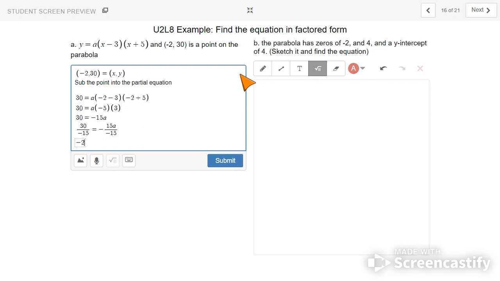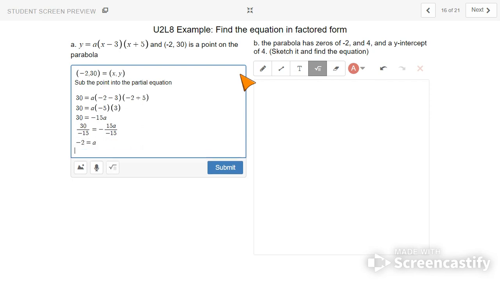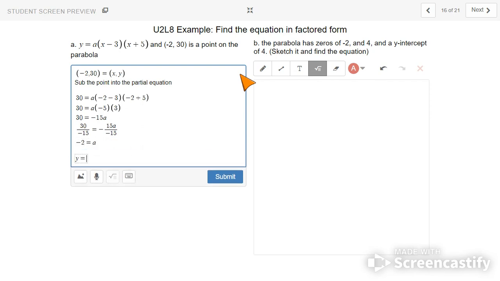So a is equal to negative 2, and the full equation is y equals negative 2 times (x minus 3)(x minus 5).